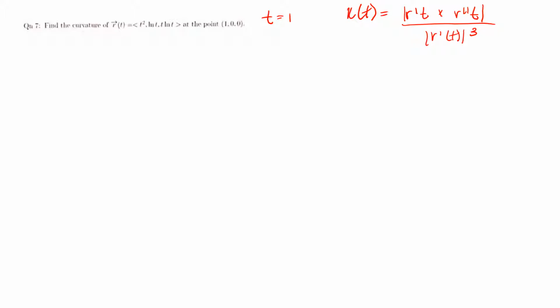So to start off, we're going to find the first derivative. Super simple. We get 2t, 1 over t, and then we get ln of t plus 1.